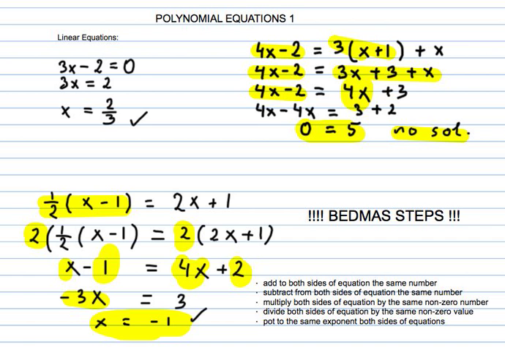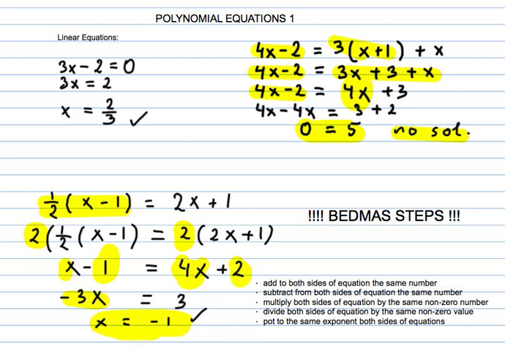You can multiply both sides of the equation by the same non-zero value. This was applied in the example with fractions when we multiplied both sides of the equation by 2. You can divide both sides of the equation by the same non-zero value. For example, in the first question here, 3x is equal to 2. You divided both sides by 3 to isolate x.